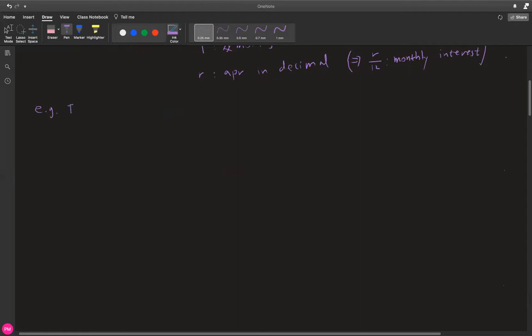So find the value of the retirement savings account paying an APR of 5.9% after 45 years.